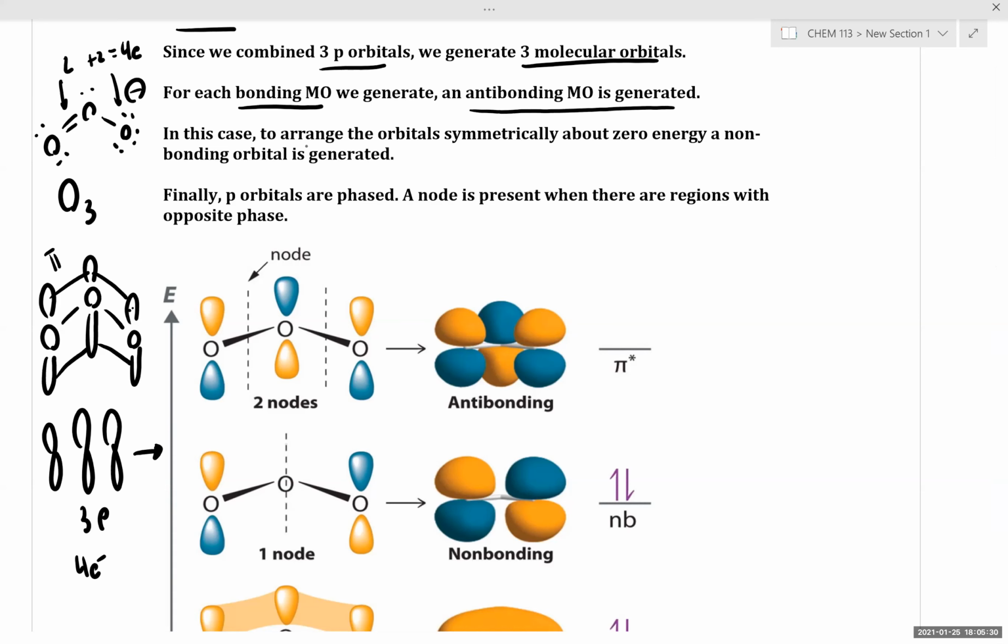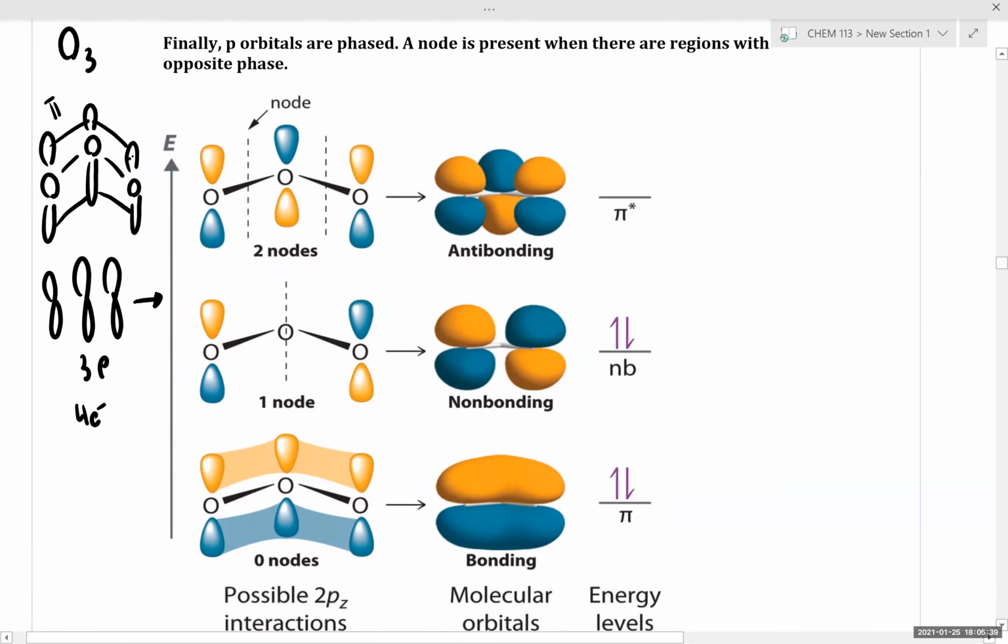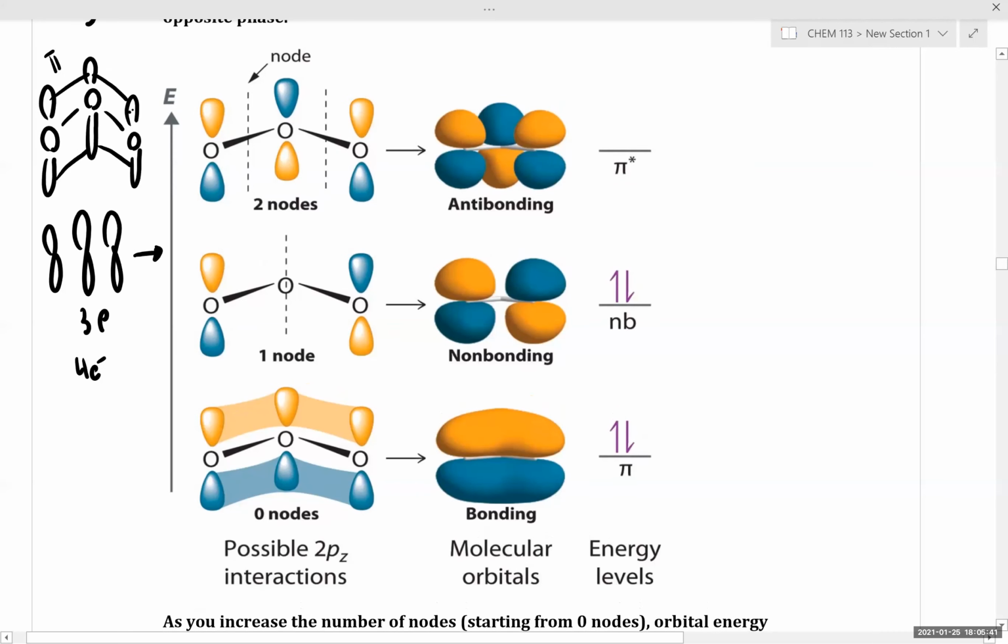So in this case, we arrange our orbitals symmetrically about 0 energy. In turn, we observe 3 unique types of orbitals with 3 different characteristic energies. The first of which I want us to look at is the bonding molecular orbital, shown here.